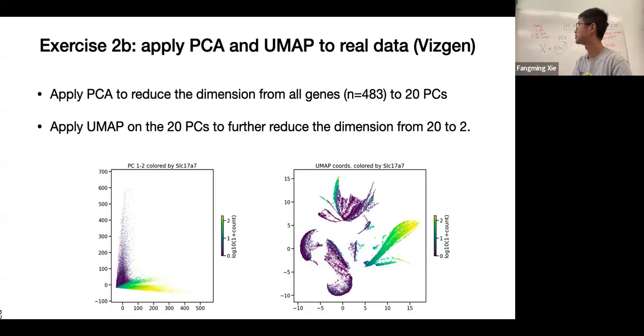But UMAP will reveal more structure, such that cells in the neighborhood are similar to each other. So you will see more cells revealed this way that maybe weren't revealed in the first two PCs. For example, this group now lives on its own.